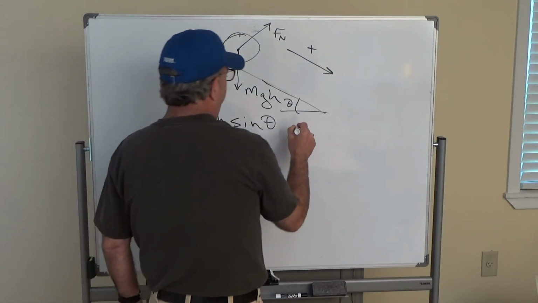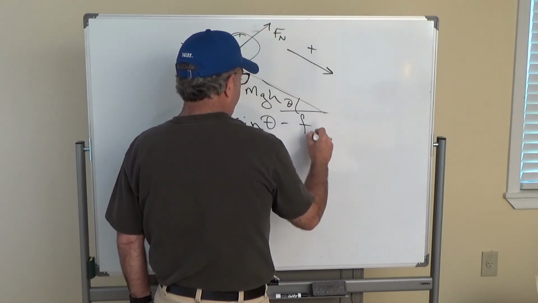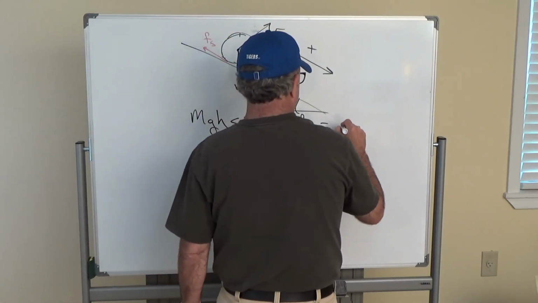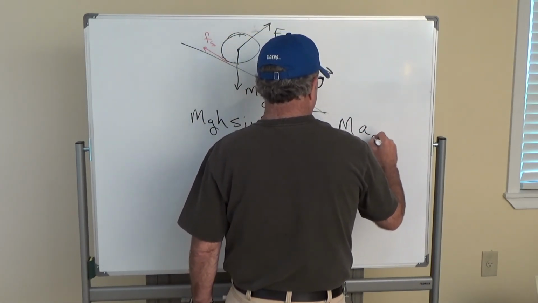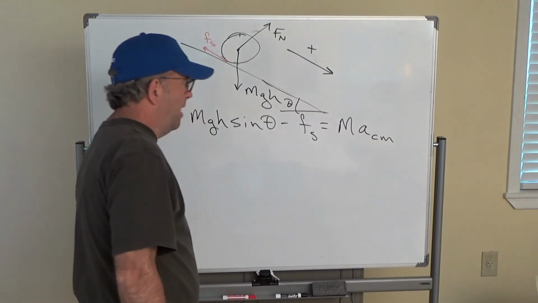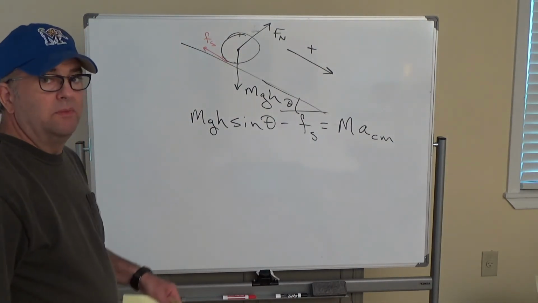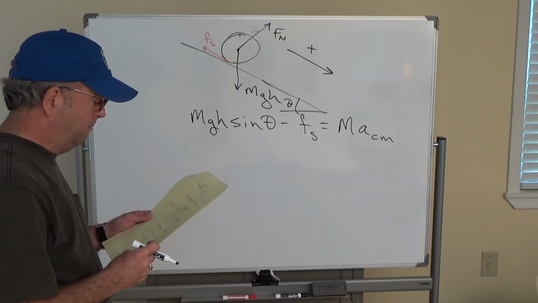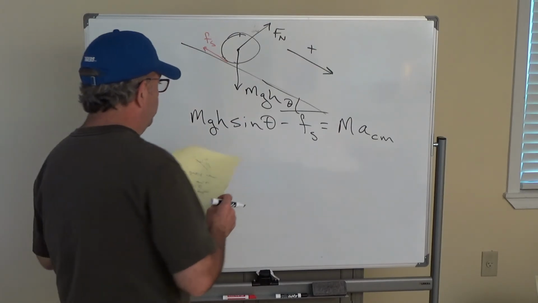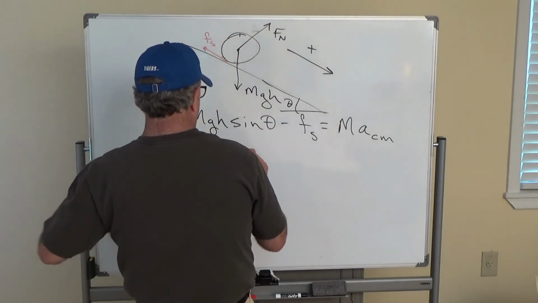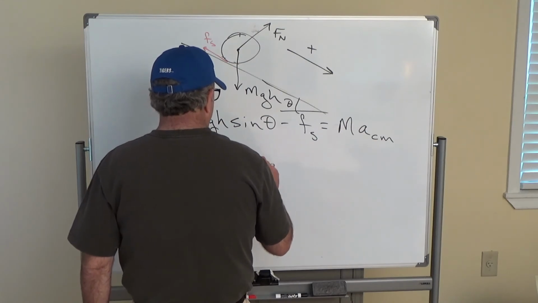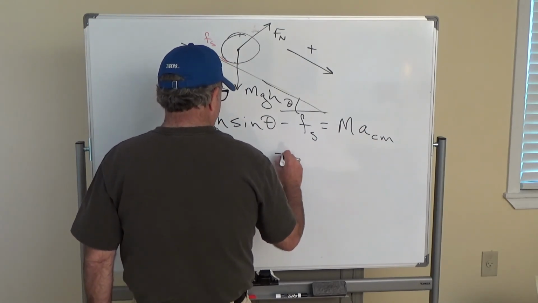mg sin theta minus the static friction force is equal to m a center of mass. That's the translational part. For the rotational part, you have minus a center of mass.